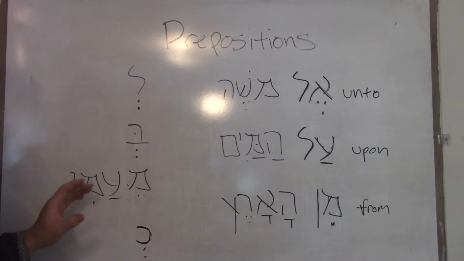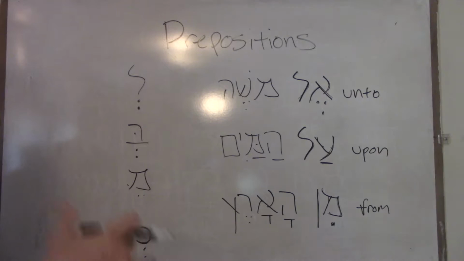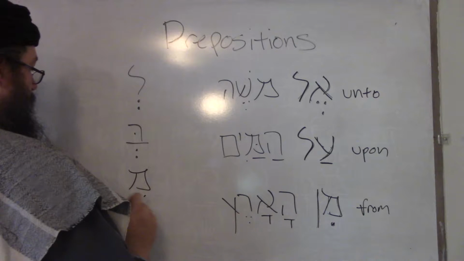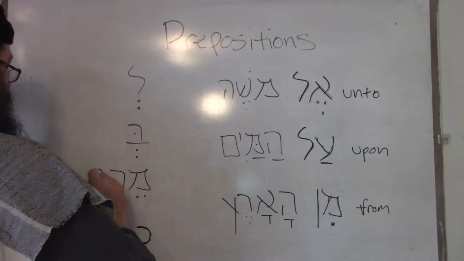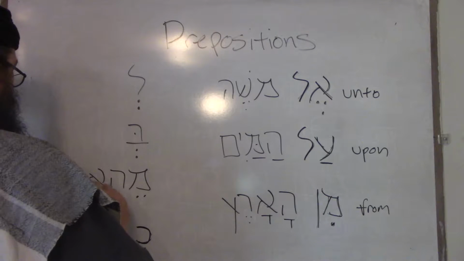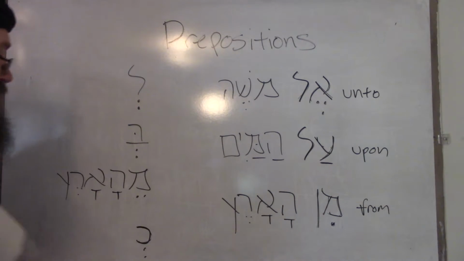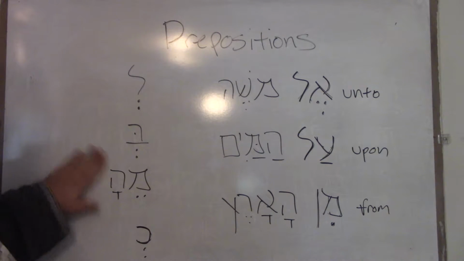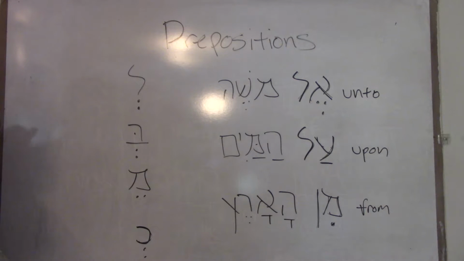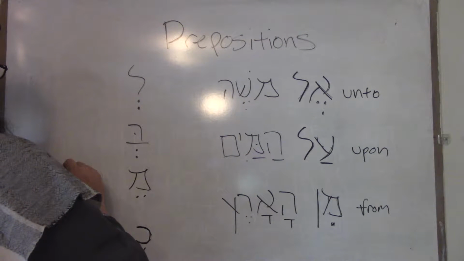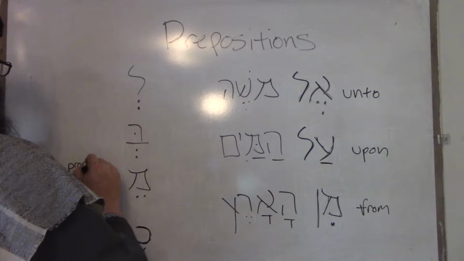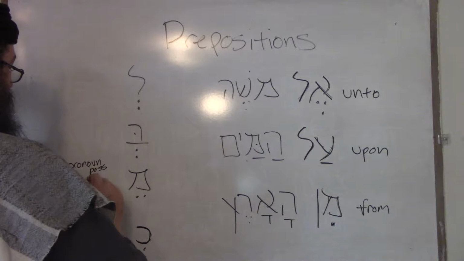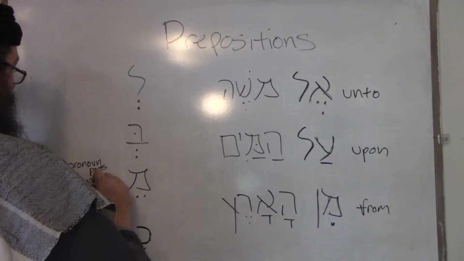So this is the only way we're going to use this specific inseparable preposition. I'm going to give you a false example. If you were to say me haaretz, you have to understand grammatically this is not even correct. Me haaretz does not exist. Mem is only used, and we'll list it here, with the pronoun that is possessive attached to a noun.